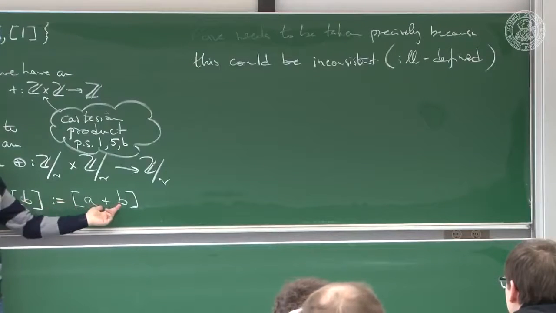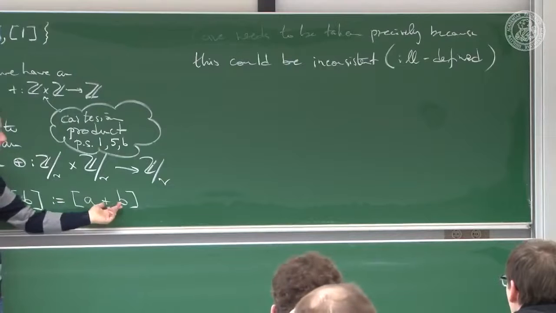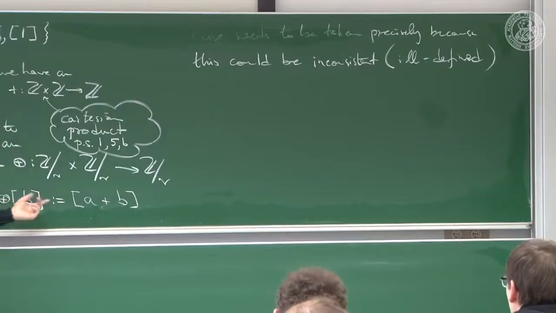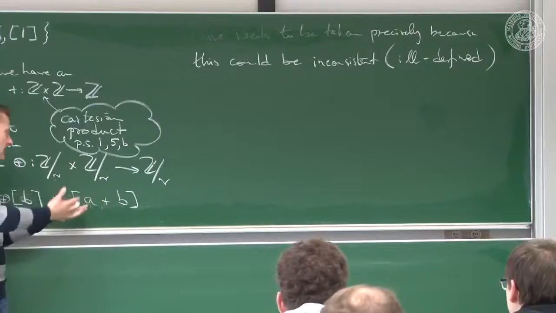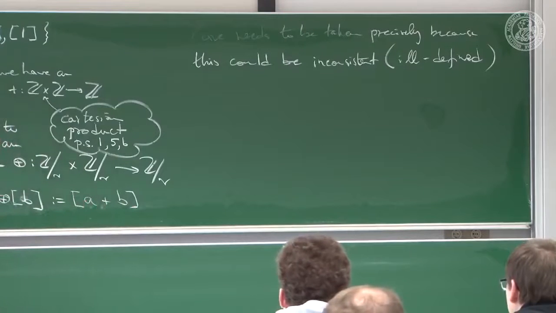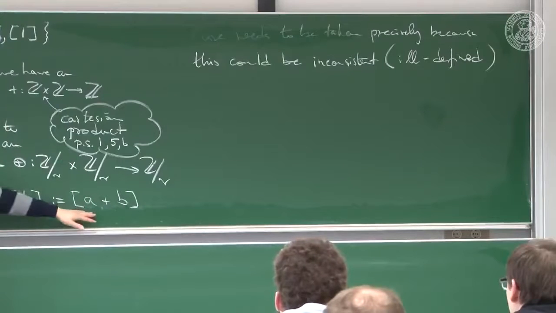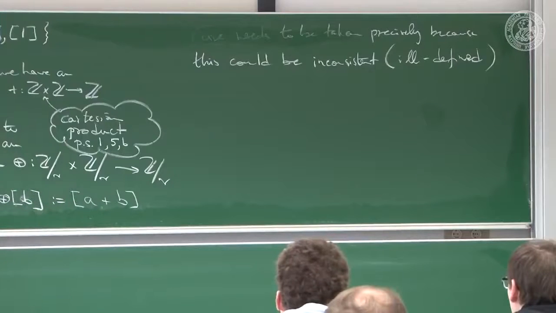Now, depending on how you use the representatives, it could be, nevertheless, that first adding these arbitrarily chosen representatives and then again taking the equivalence class with respect to the predefined equivalence relation could lead to a different result. And it's easy to construct such bad examples.